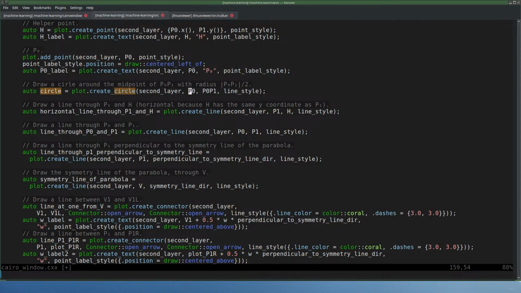How do I get the midpoint of 2 points again? I'm not even sure. I don't think I can add 2 points. Yeah, I just have to add half of the vector between the points to one of the points. That would work. And then I need, at least this looks like a vector.